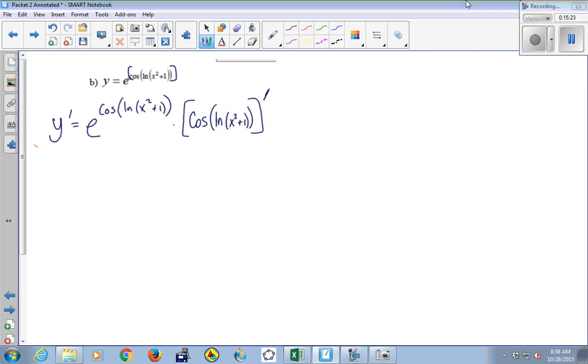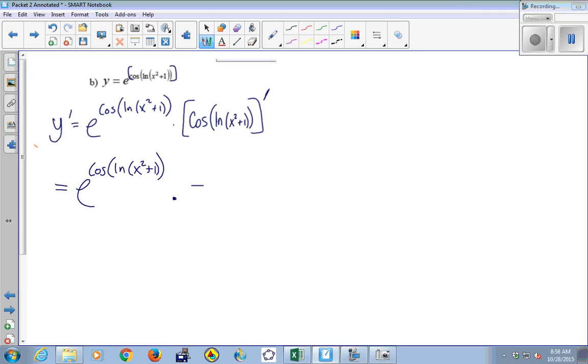All right, so in my next line, just copy the stuff I already have, e to the cosine of the ln of x squared plus 1 times. All right, so now I'm trying to take the derivative of the cosine of the ln of x squared plus 1. So ultimately, think of this as the cosine of some stuff, right? The outermost function is cosine. And what is the derivative of cosine? Negative sine.